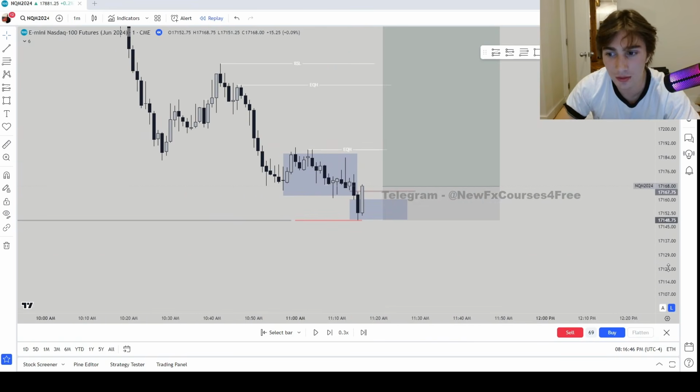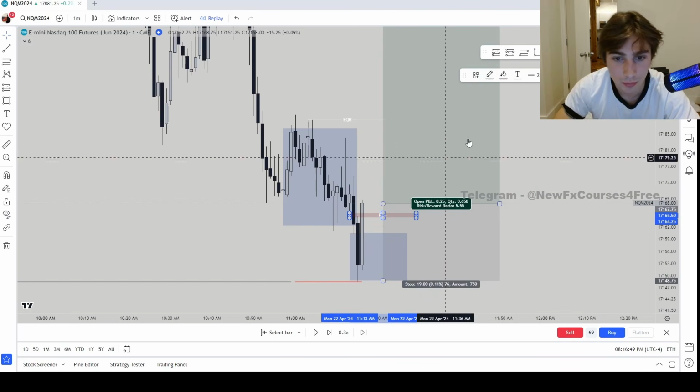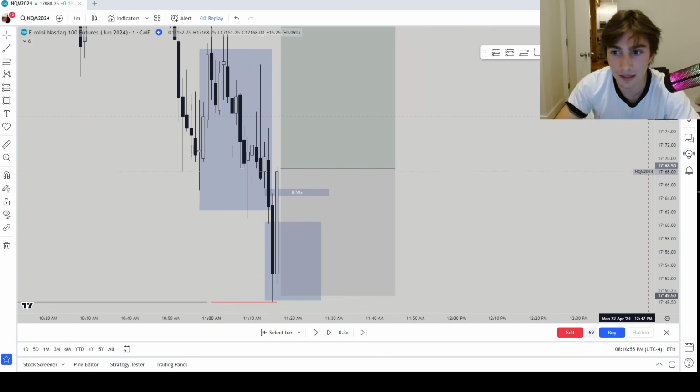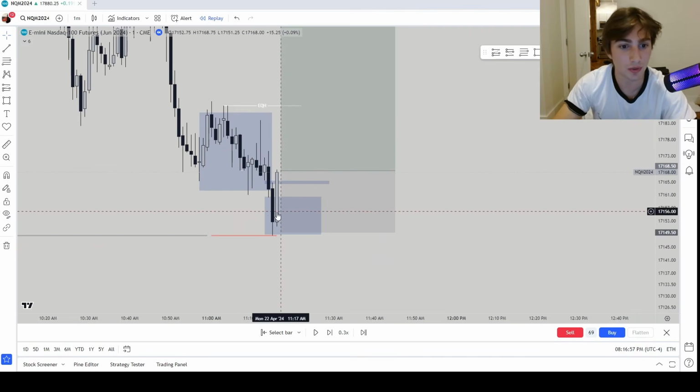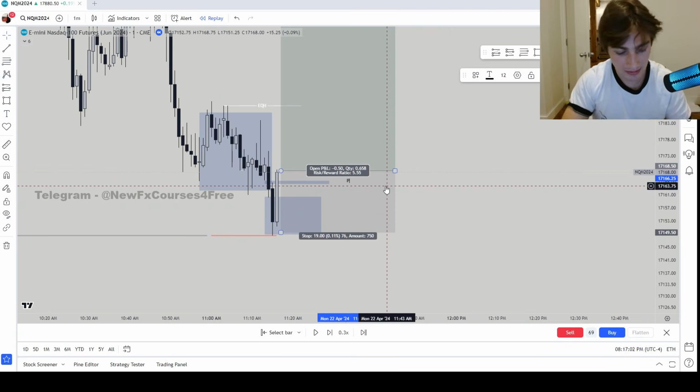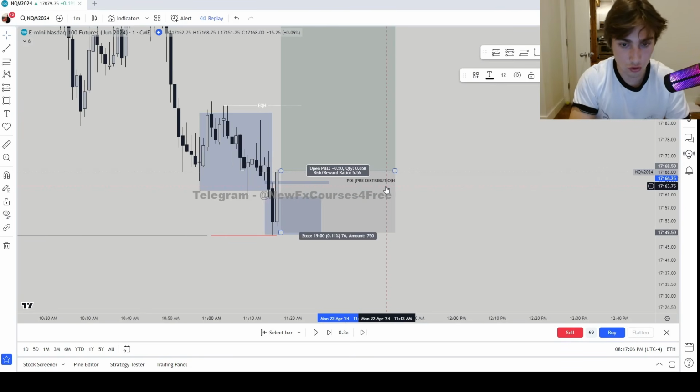And so look at how powerful this model is. Price inverses this fair value gap right here. We get this inverse fair value gap. We enter right here. Why? Because we accumulated, manipulated down, and now what do we prompt for? A PDI, the pre-distribution model.